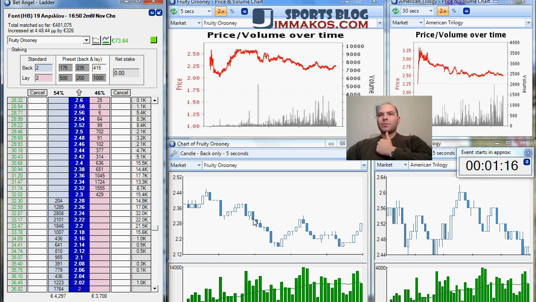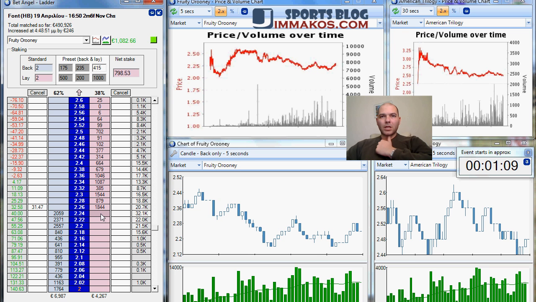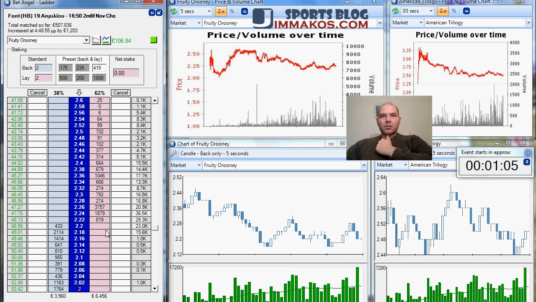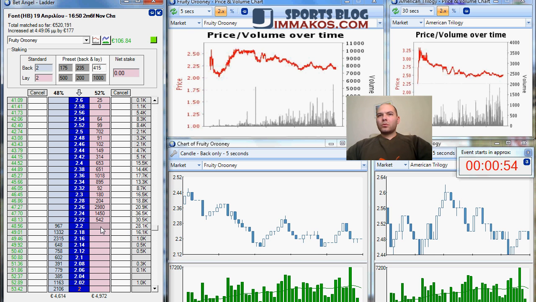Well, I'm pretty much sure the odds are not going to go below 2.18. The odds are much rather consolidating, moving sideways between 2.18 and 2.26.